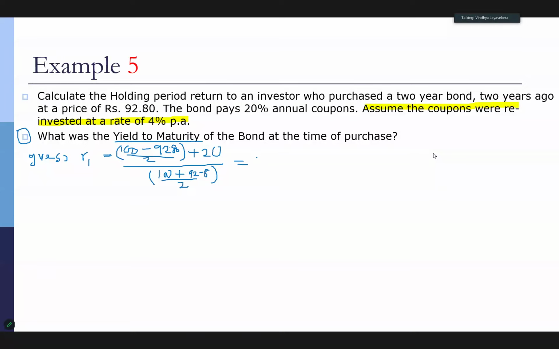And I see you're getting 24.48. So you can use that 24.48 to find P1, because it's annual coupons. Coupon is 20.